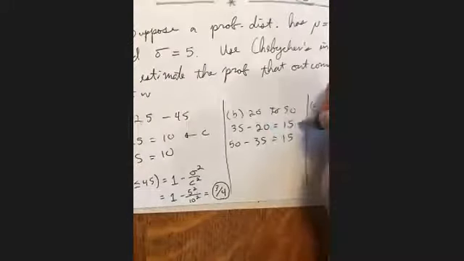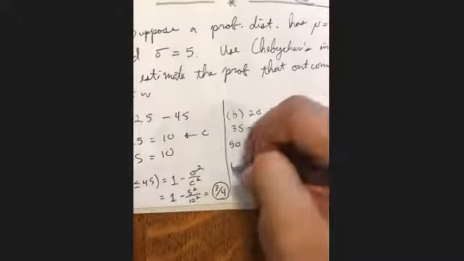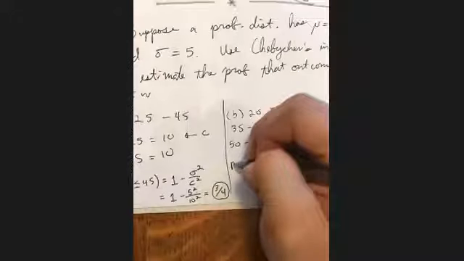So this is going to be your C. Probability that we are between 20 and 50.